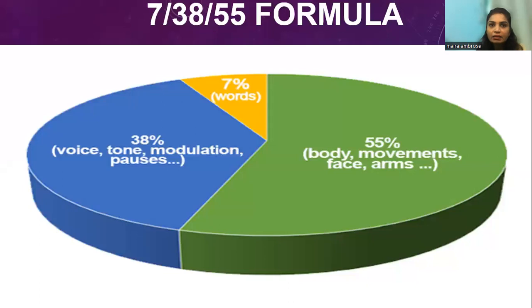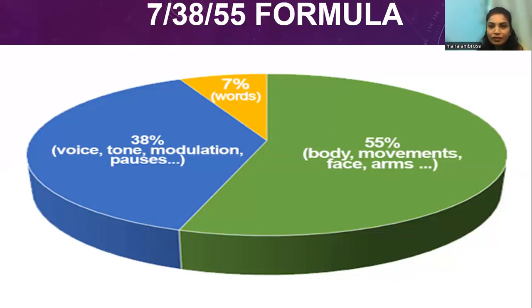Now, the 7, 38, and 55 model or formula, the communication model, is also known as 3 V's: visual, vocal, and verbal. It is given by Albert Mehrabian, a psychologist who is famous for his publication on verbal and nonverbal communication.